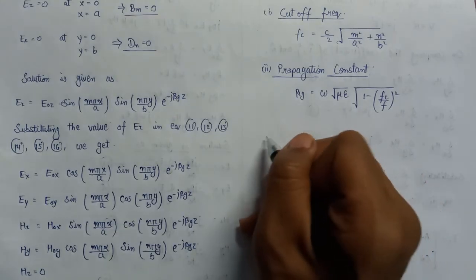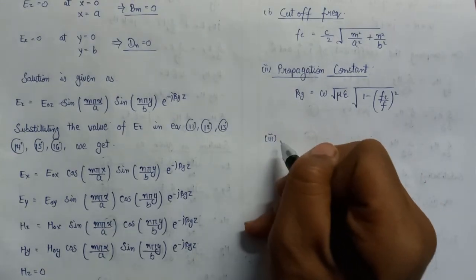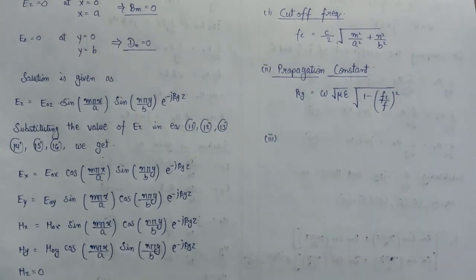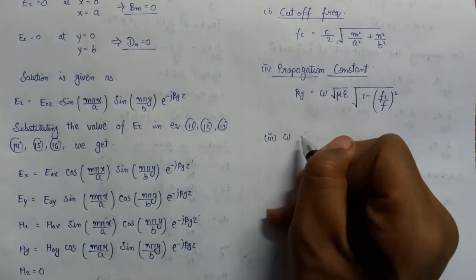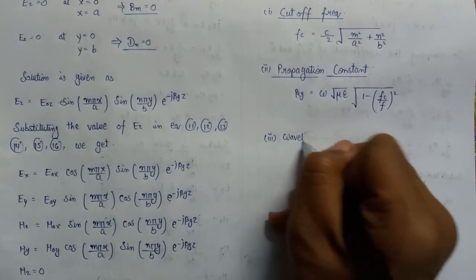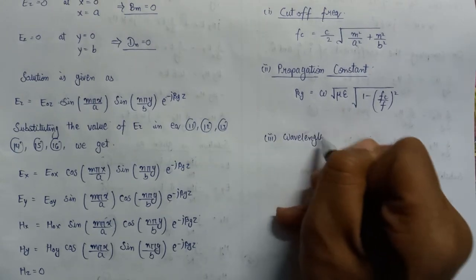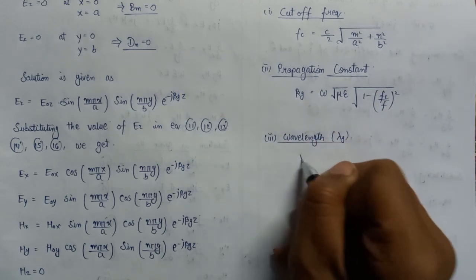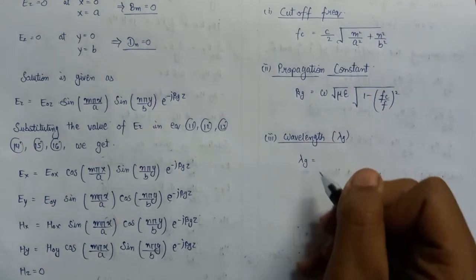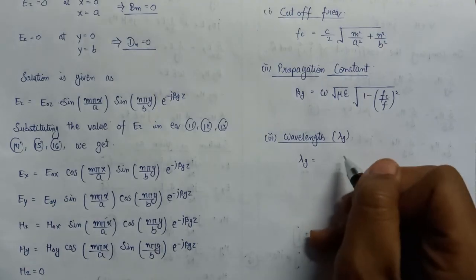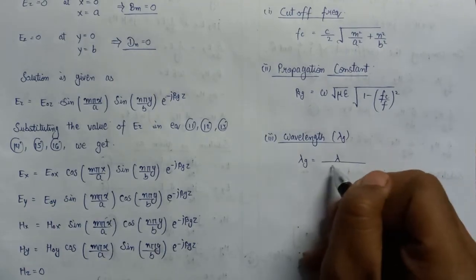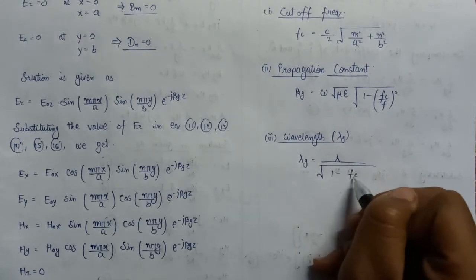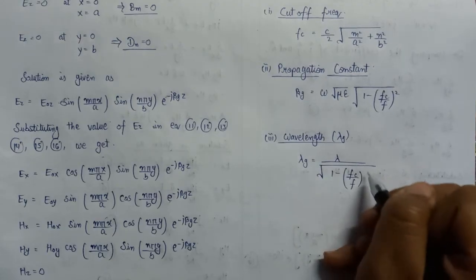And the third parameter is wavelength, denoted by lambda g, where the expression for lambda g for transverse magnetic mode is given as lambda over under the root 1 minus Fc over F whole square.